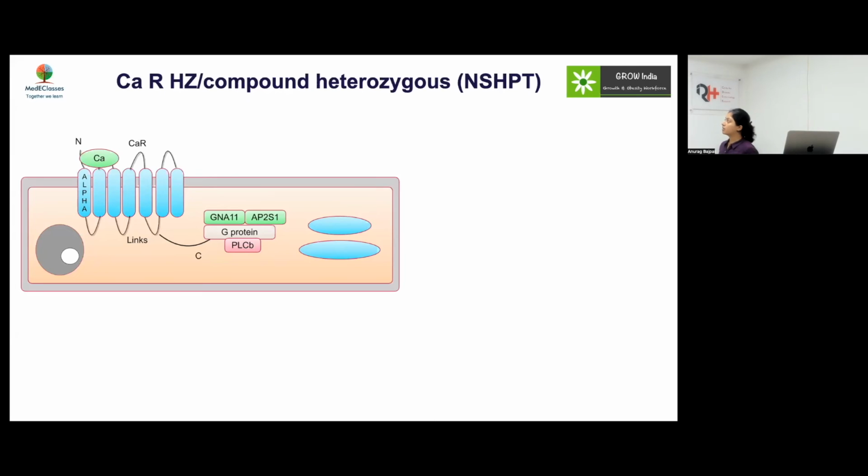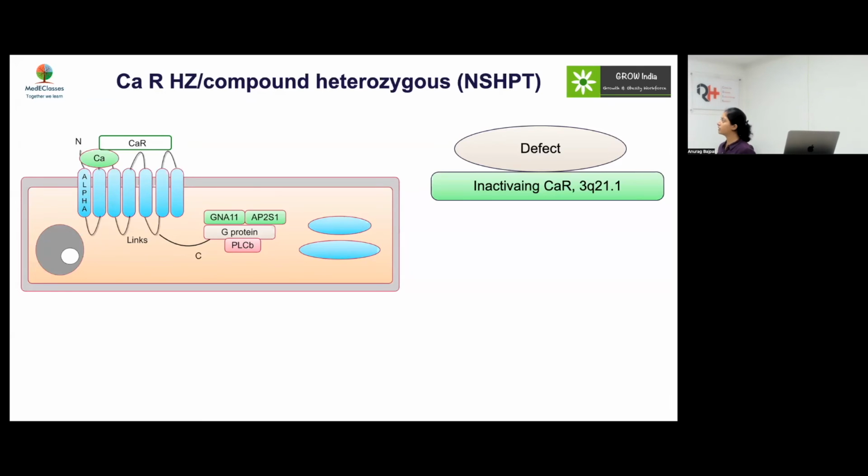An important and severe form of neonatal hyperparathyroidism is seen with calcium sensing receptor mutation when both the parents are affected, with either a homozygous mutation or a compound heterozygous mutation in the child, resulting in severe hyperparathyroidism. Often the levels go up to 15 to 16 mg per deciliter. It is an inactivating calcium sensing receptor mutation on chromosome 3q.